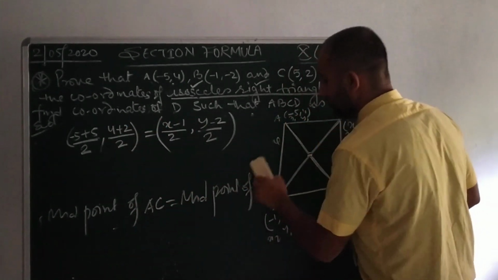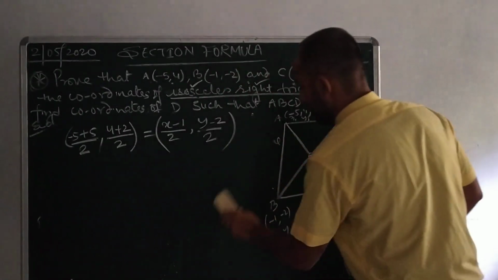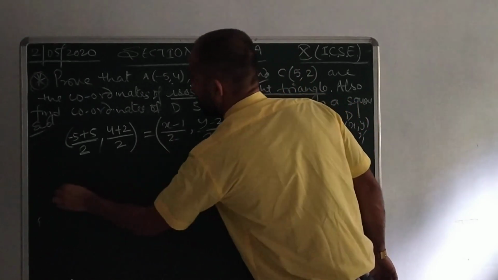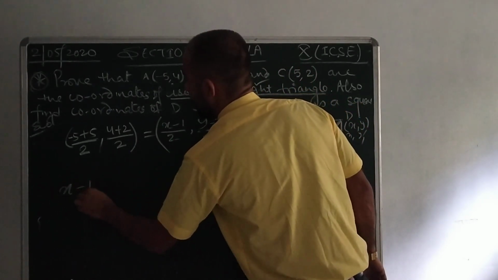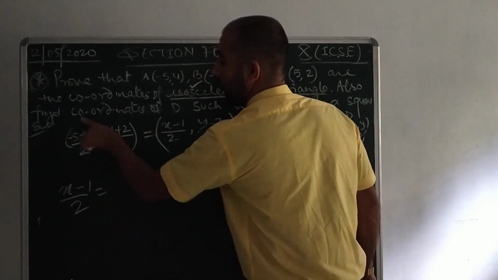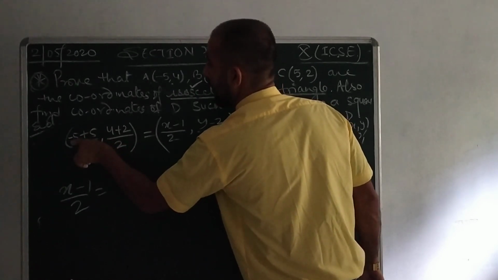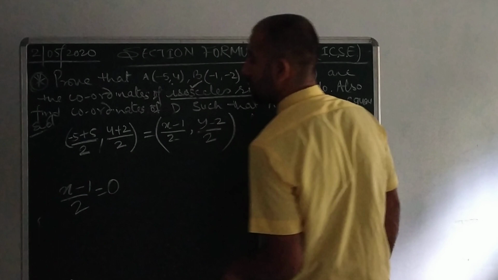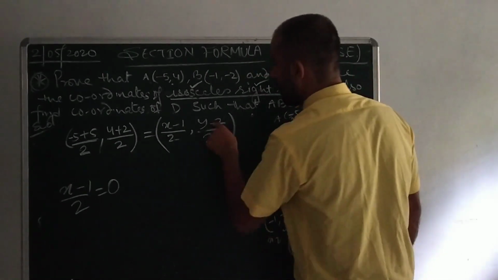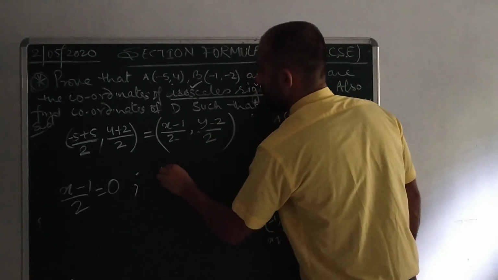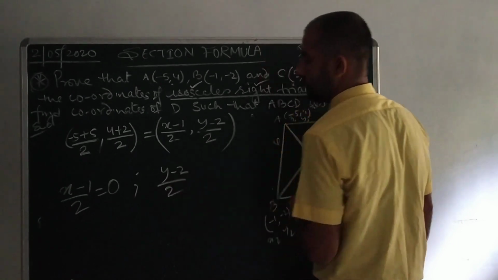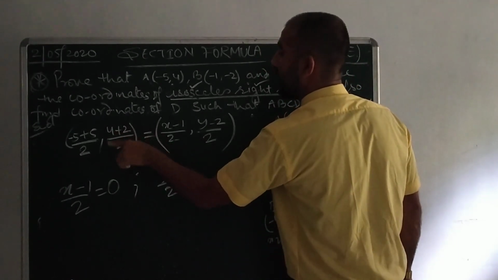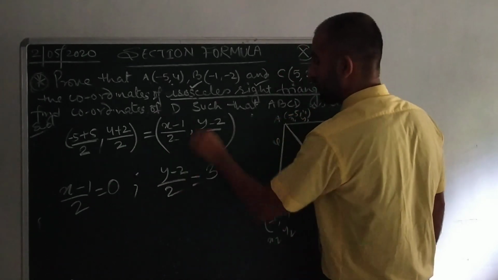Okay, let's equate it. So x minus 1 by 2 is equal to the x coordinate: minus 5 plus 5, that is 0, and 0 divided by 2 gives 0. Similarly, the y coordinate: y minus 2 by 2 equals 4 plus 2, that is 6, and 6 divided by 2 is 3.